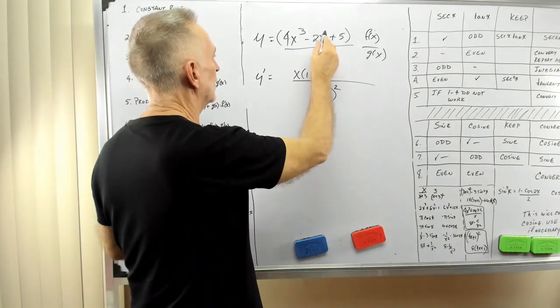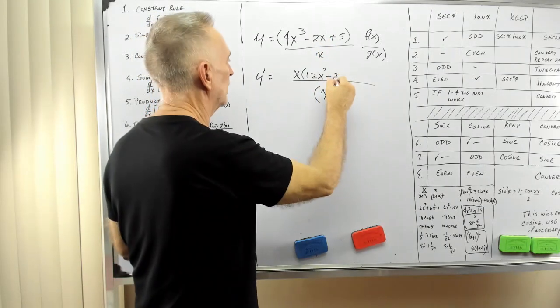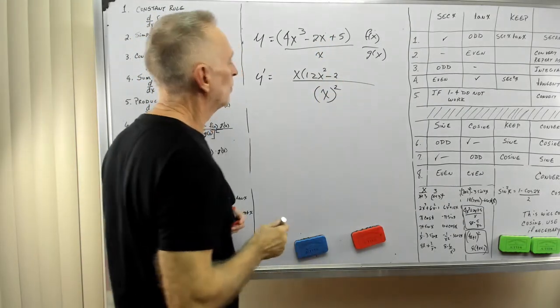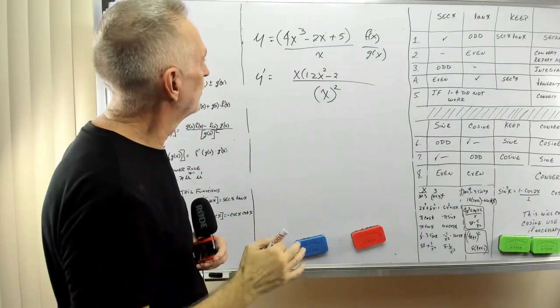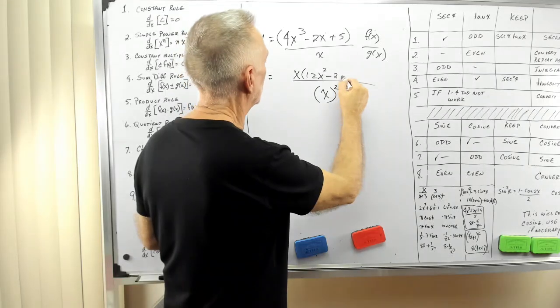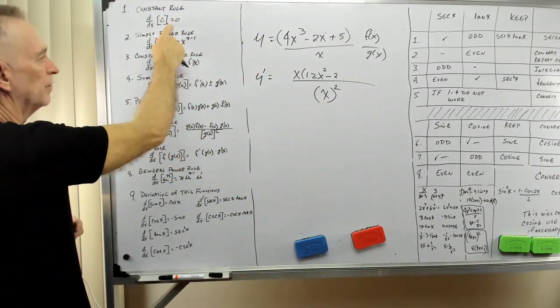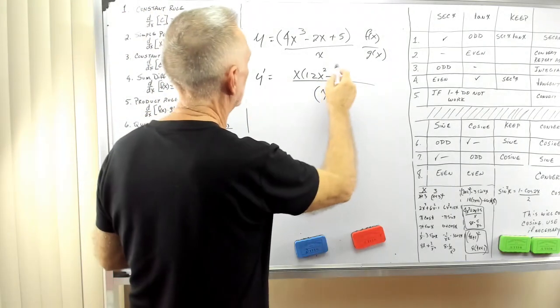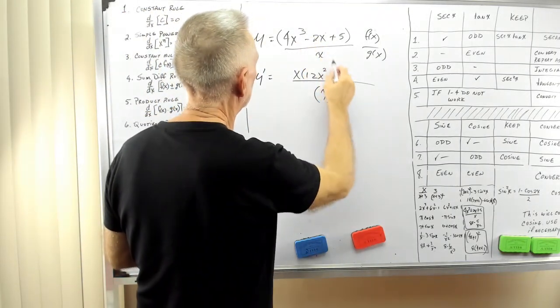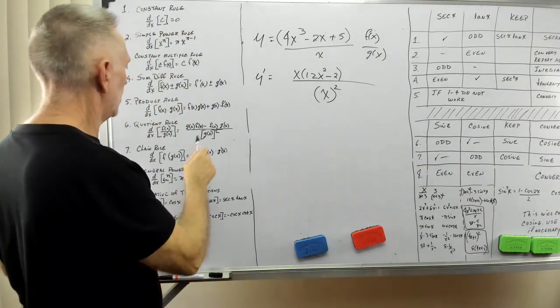Minus, that's x to the first, bring that down, x to the 0, which is 1. So 1 times 2 is 2. Plus derivative of a constant is 0. So we have 12x squared minus 2 is the derivative of the top one.